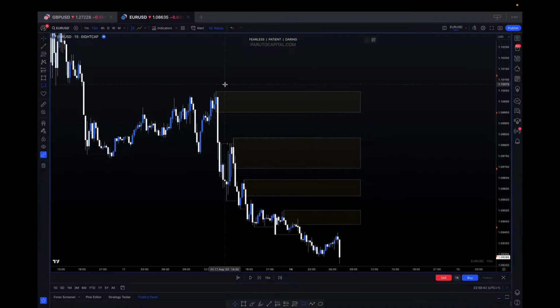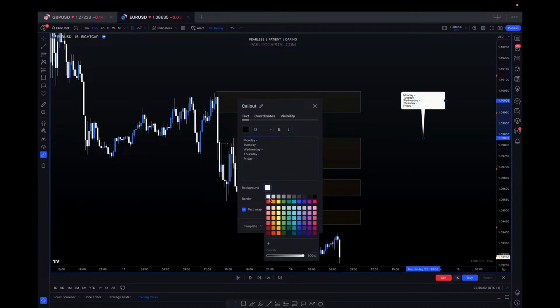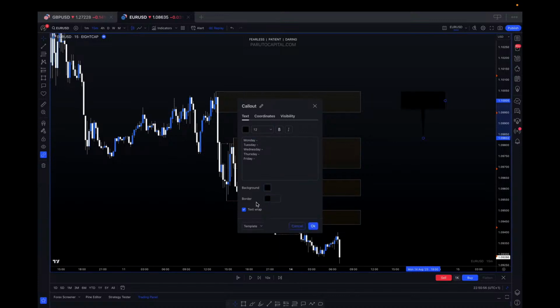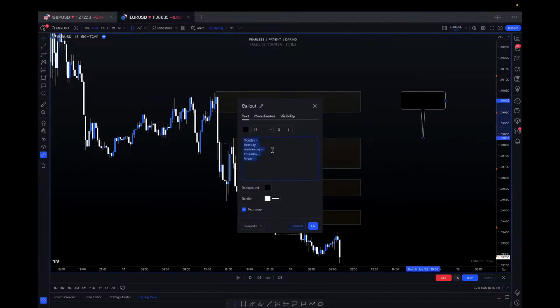And by the way, I think I have something I need to put out here. Okay, yeah, Monday. Need to be able to catch this, but the background should be black, right? And the border should be white. Yeah. What else?